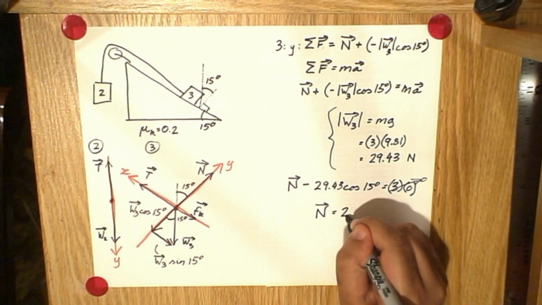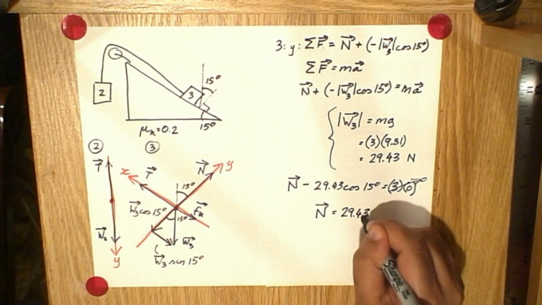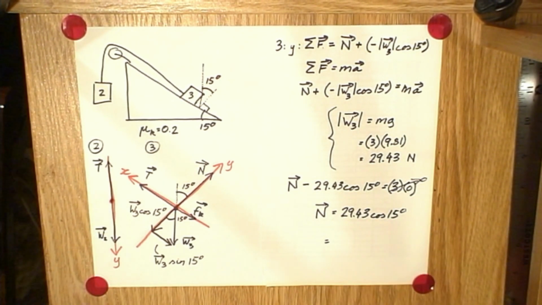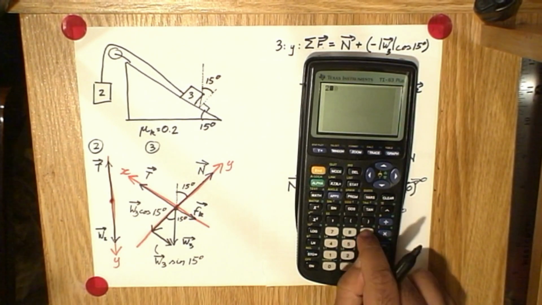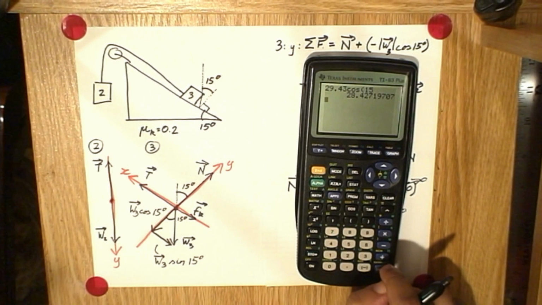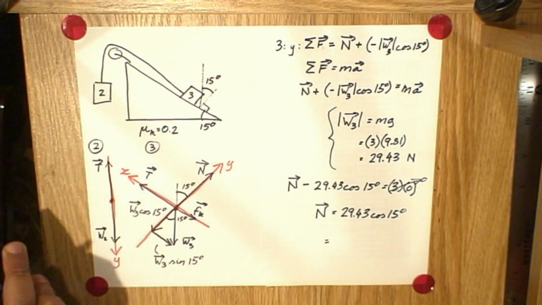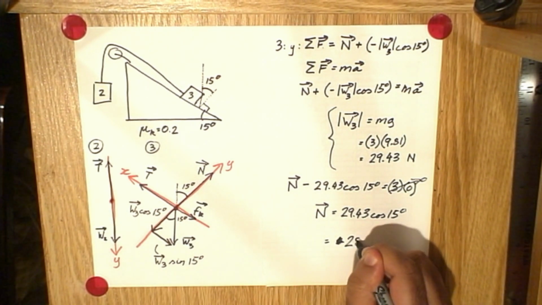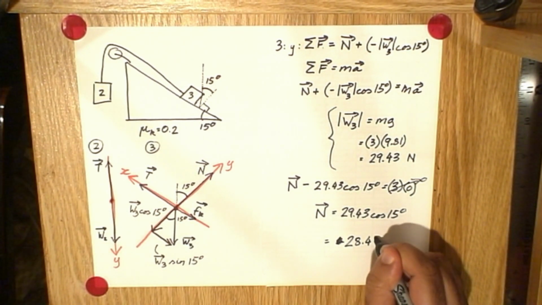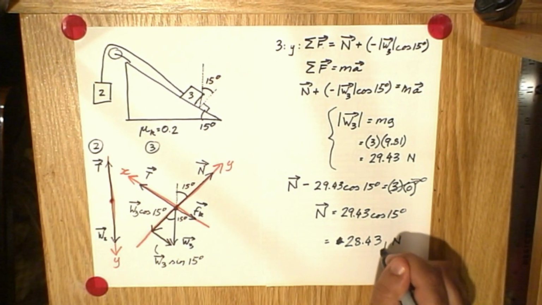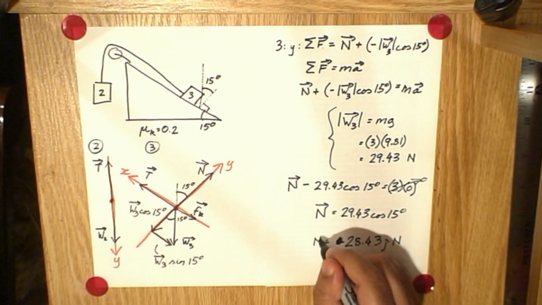So N is equal to 29.43 cos 15 degrees, which is 28.43. And this would be in the j-hat direction if we want to be absolutely rigorous about it.